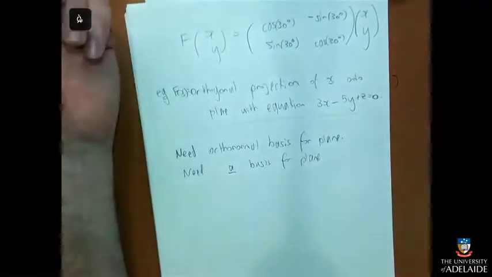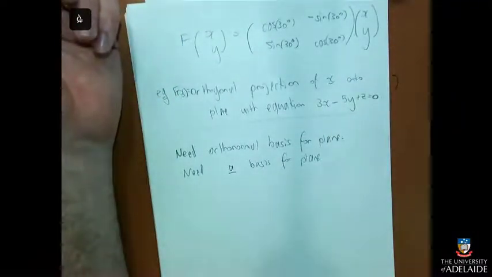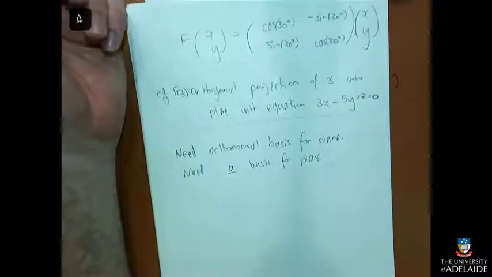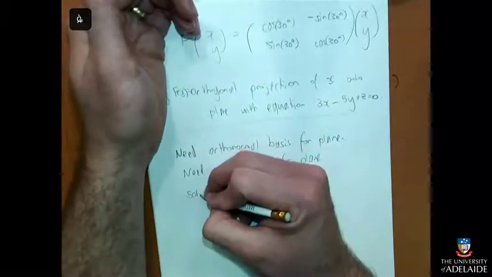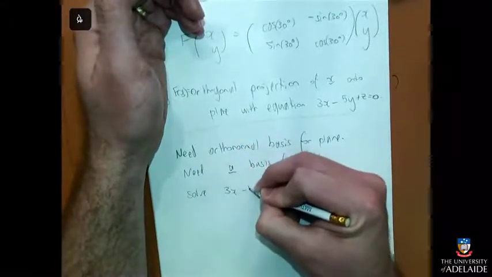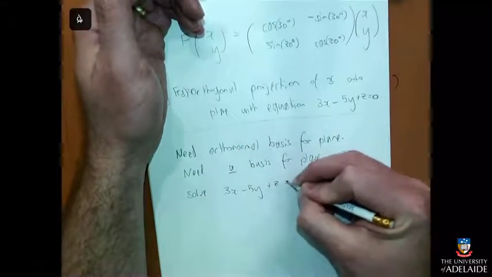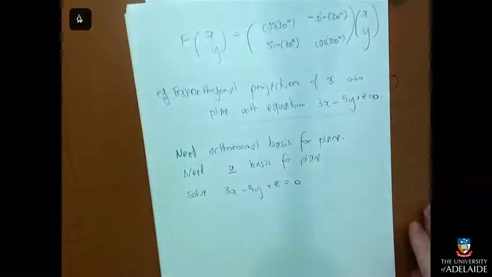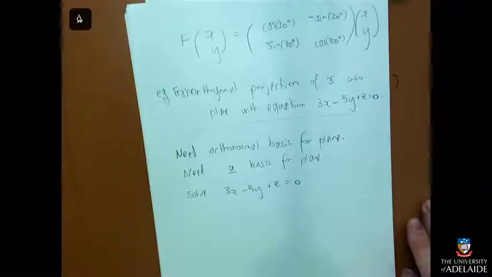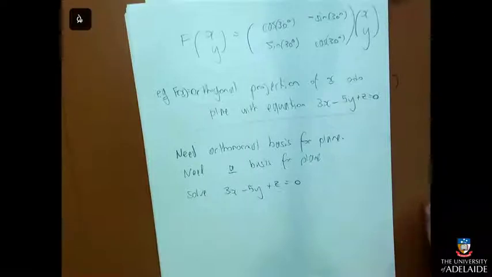To find a basis, I'm going to need to rewrite the object as a span. So I'm going to need to find all the vectors that satisfy that equation. Some people would write that as a matrix with one row and do row operations. I choose not to do that.